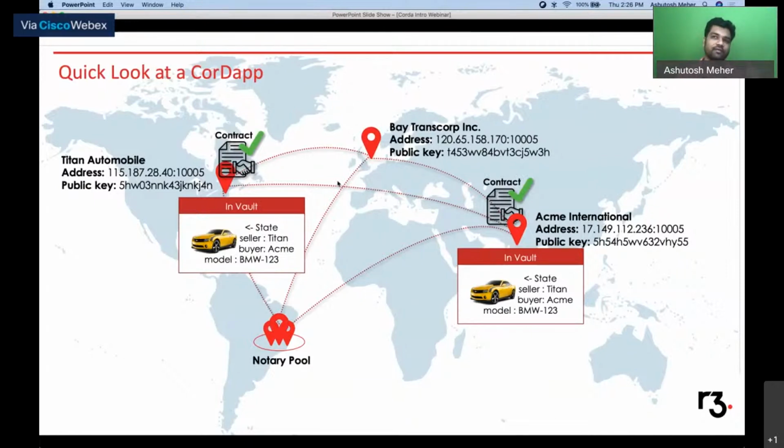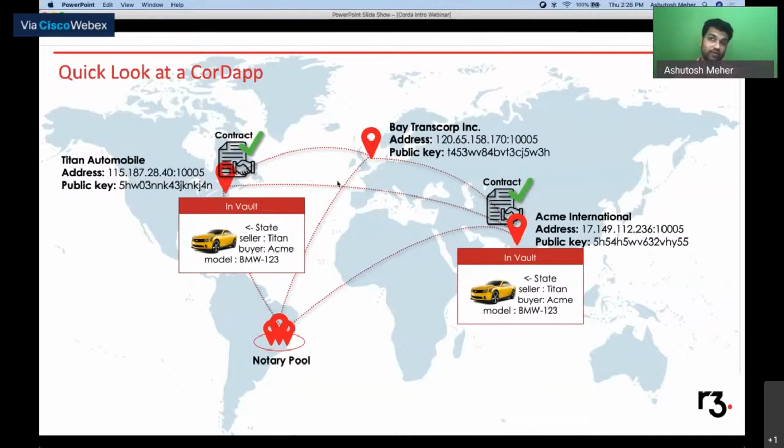The vehicle would have certain facts, like buyer, seller, the model of the vehicle, the make of the vehicle, and all these kinds of things. All these are different facts which need to go inside a particular object. So that would be your state object.